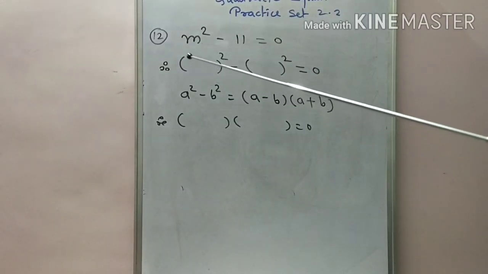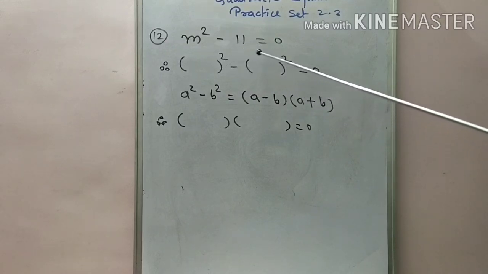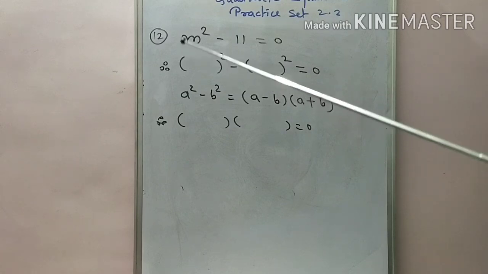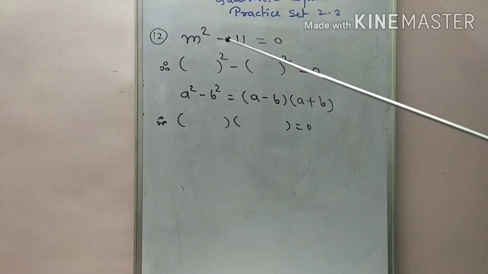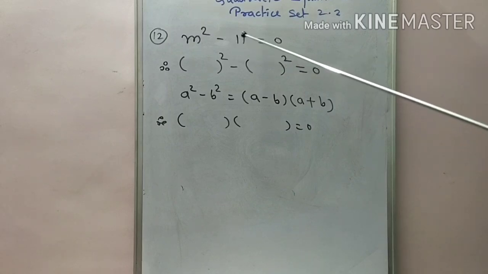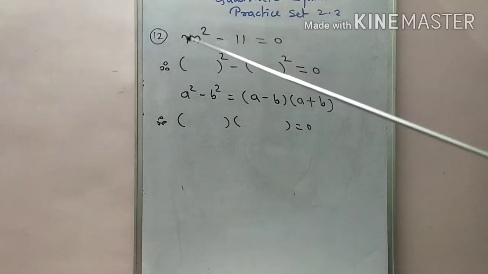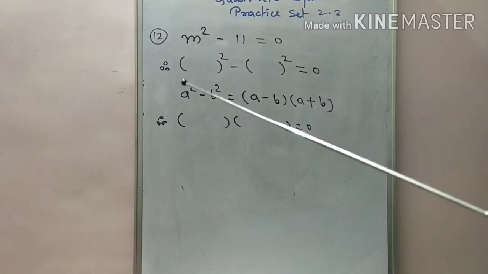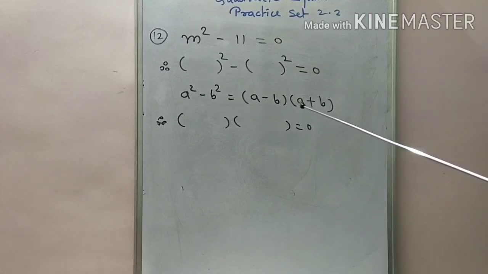Okay, and in the last one, 12th example, the equation is m square minus 11 equal to 0. Now here we have the first term as a square term, m square, and minus 11, where 11 is not a perfect square. But we have to solve this equation like the 10th example, using the identity a square minus b square, whose factors are a minus b, a plus b.